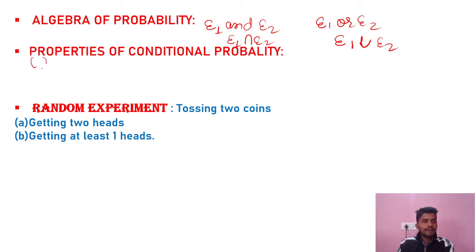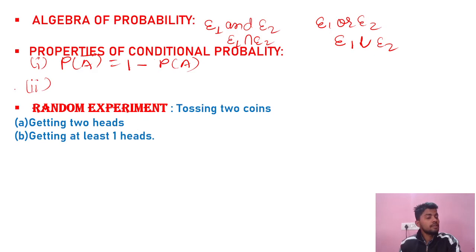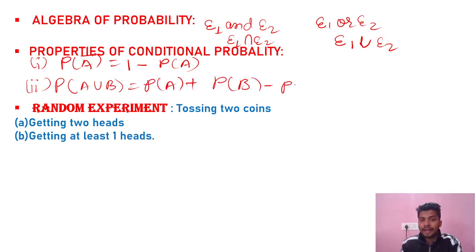Probability of A bar equals 1 minus probability of A, meaning probability of A complementary is 1 minus probability of A. Next, probability of A union B equals probability of A plus probability of B minus probability of A intersection B. We know this.